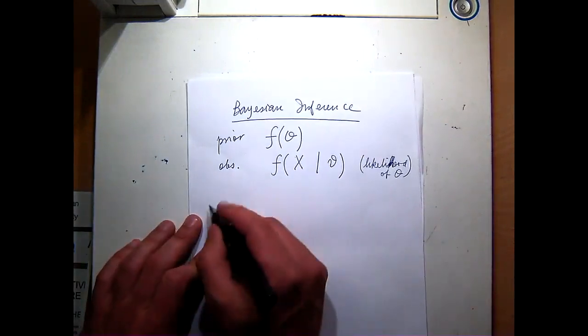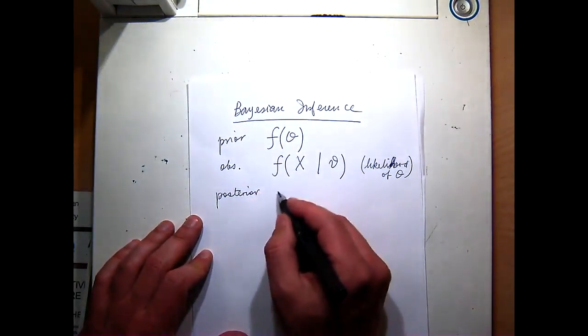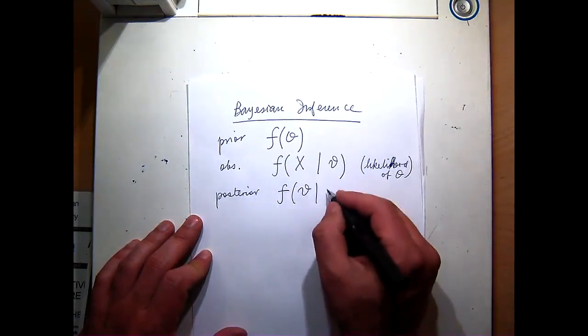So it's quite different. The posterior distribution is given by the density f of theta given x.